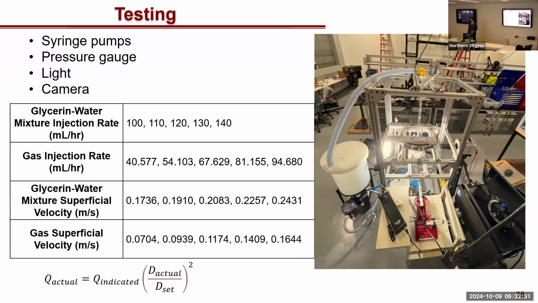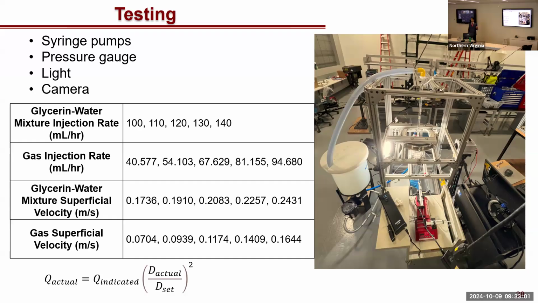So now that we know that the bubble injector works as predicted, we want to see how it works within this larger test loop. Again, we controlled the injection rates with the syringe pumps. We used a pressure gauge at the exit of the gas injector, or the gas syringe, to determine what the mass flow rate is.